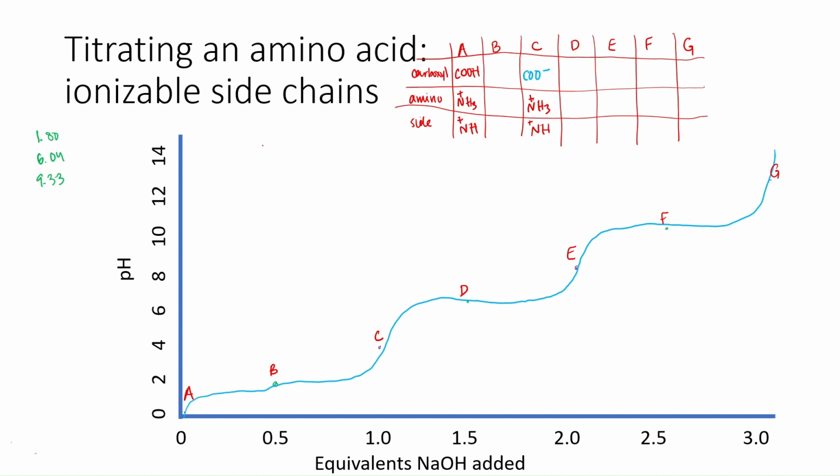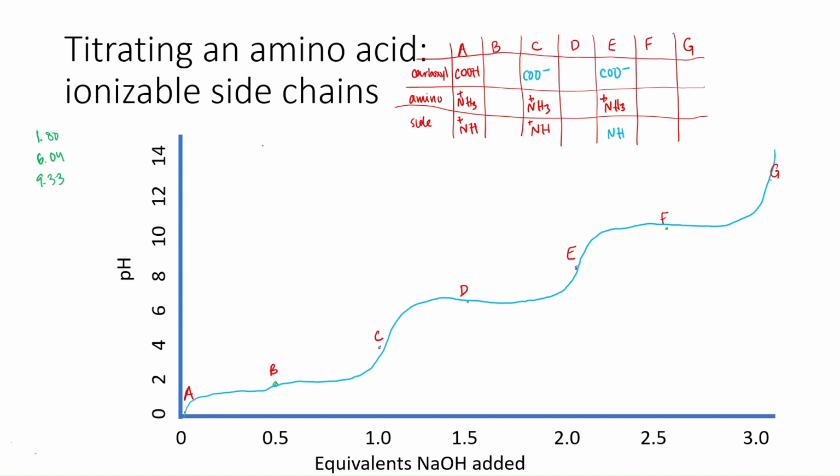At our next equivalence point 2, which is point E, that's when we start seeing a change in our side chain right around pH 6. So now our imidazole group is going to get deprotonated. We have fully deprotonated the imidazole group. We still have a negatively charged carboxyl group, but our amino group is still fully protonated.